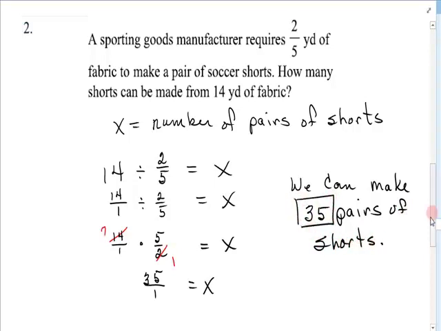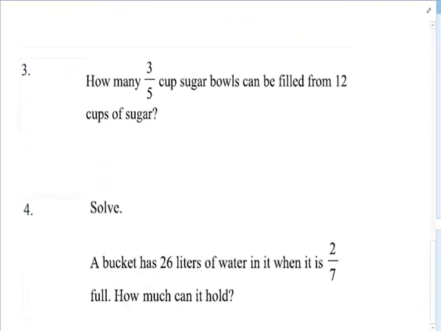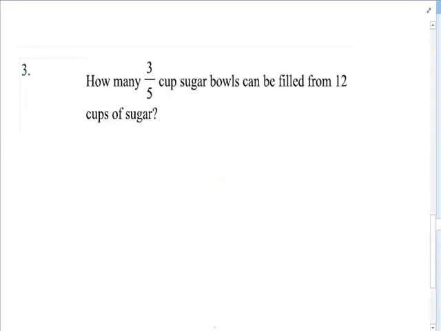Okay, let's look at another one. How many 3/5 cup sugar bowls can be filled from 12 cups of sugar? So I have 12 cups of sugar, and I need to see how many groups of this size I can get out of it.